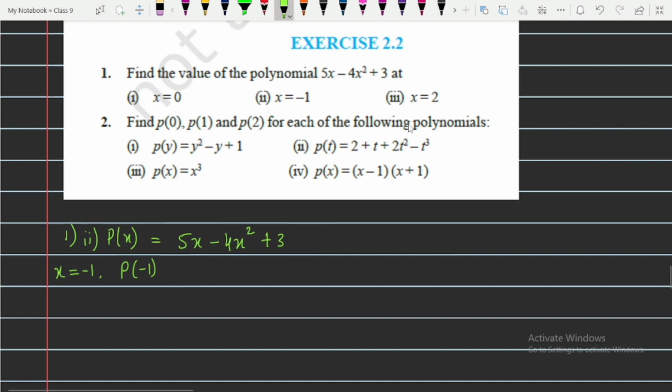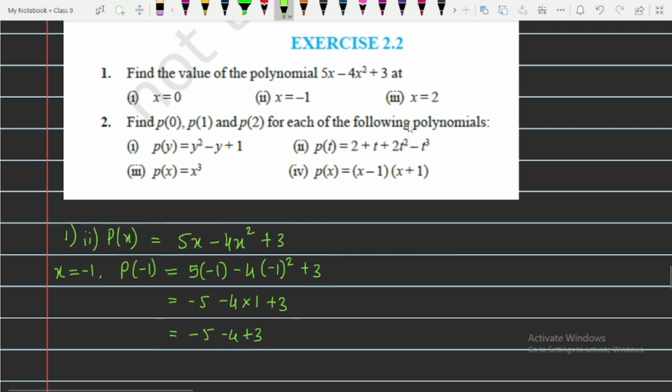So p of minus 1 equals 5 into minus 1 plus 4 into minus 1 square plus 3. Now here it is minus 5. Now minus 4 into minus 1 square, it is minus 4, plus 3.